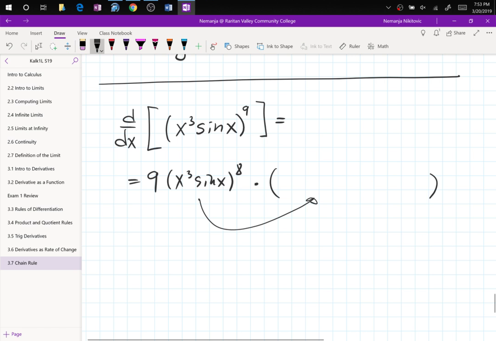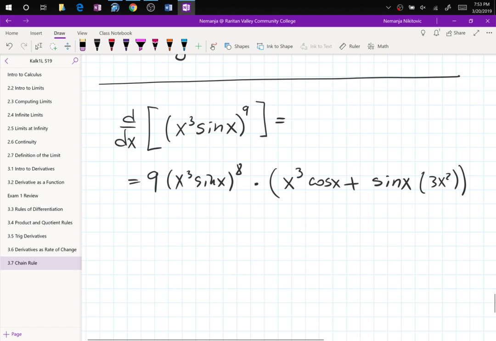Don't panic, I promise. So copy the first, which is x cubed, times the derivative of the second, which is cosine x, plus copy the second, sine x, times the derivative of the first, which is 3x squared.